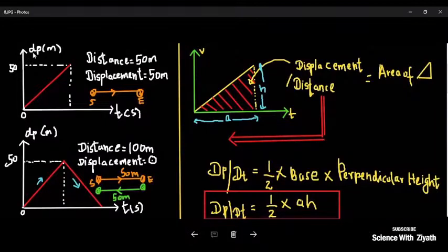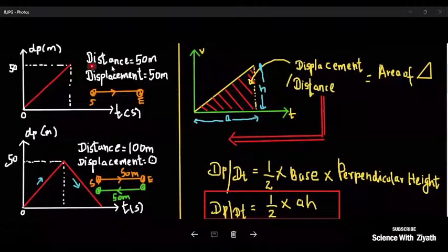Look, now this is the displacement time graph and this is distance. Here, this is what we call constant velocity in the displacement time graph. And if it's a constant velocity in the displacement time graph, here, look, the displacement would be 50 meter.